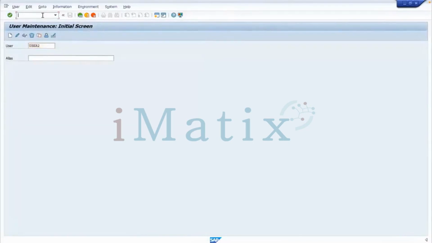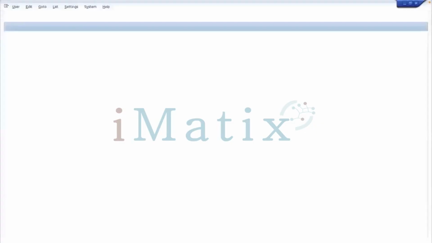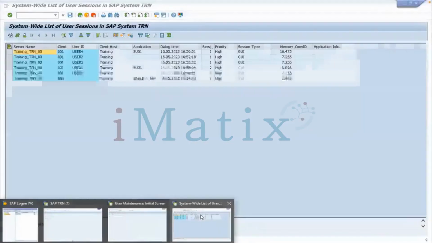If I want to run a new transaction code from the same screen, then I can type /n. /n will override with the new transaction. If you want to open a new tab, then you can type /o. In that case, 2 sessions will happen. Now you can see I have 2 sessions.